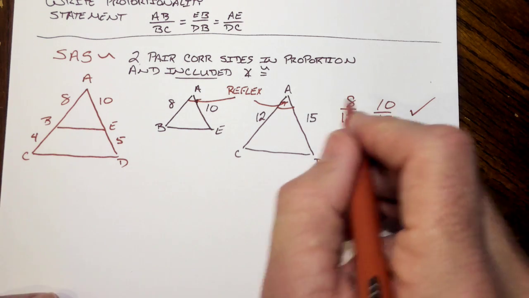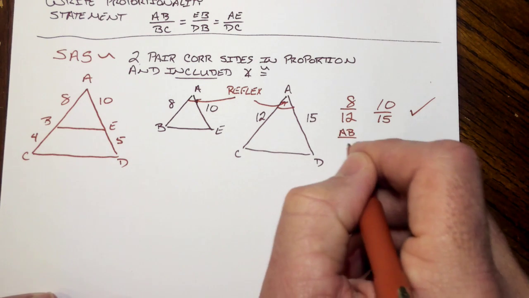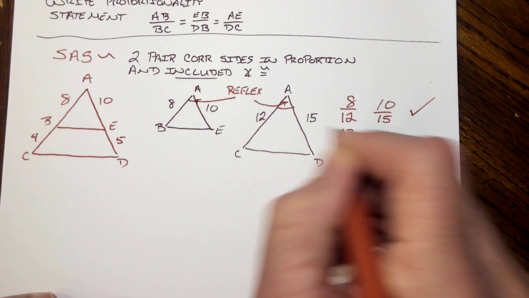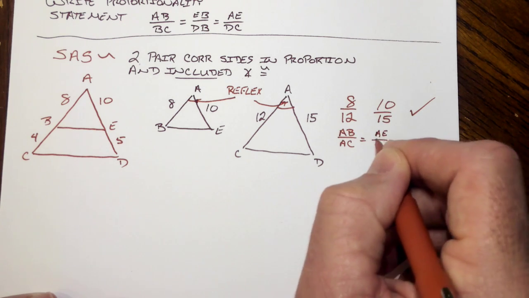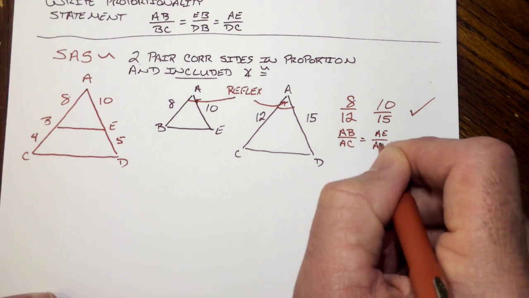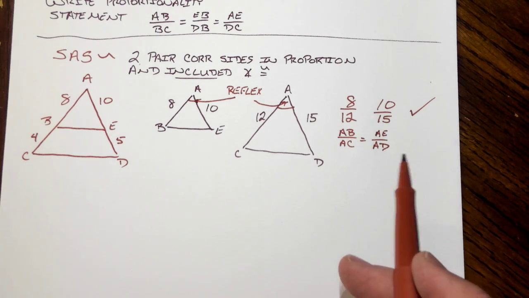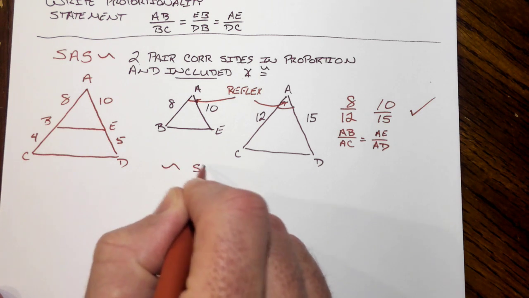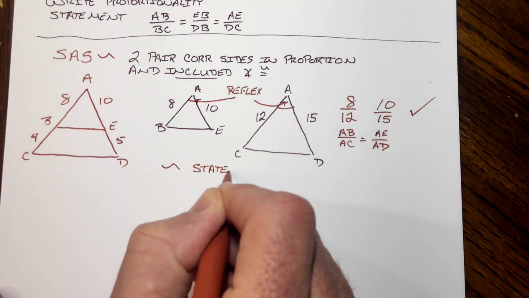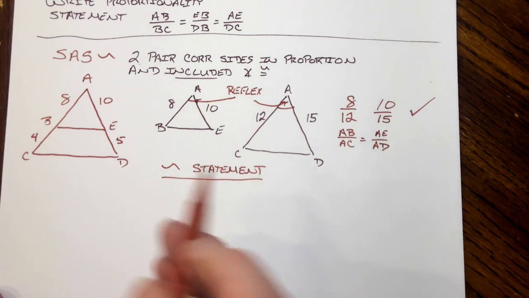So that was comparing AB to AC, and it is proportional to AE to AD. All right. And the reflexive property, we got to use angle A with that. So now if I wanted to write a similarity statement about these two, again, you choose a triangle.